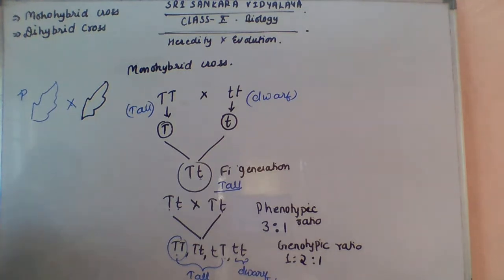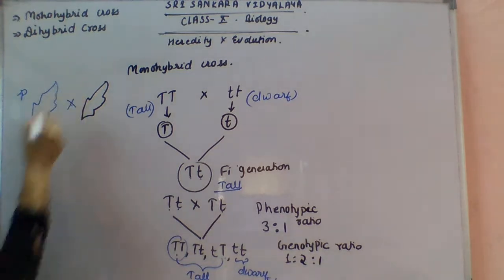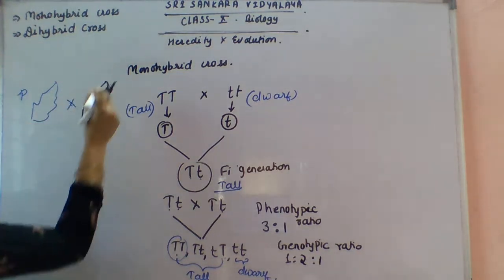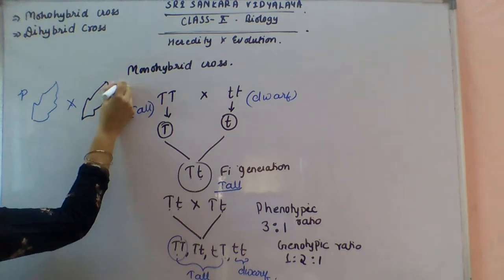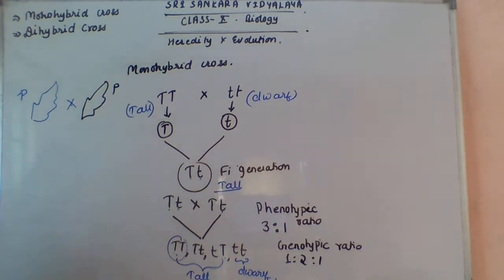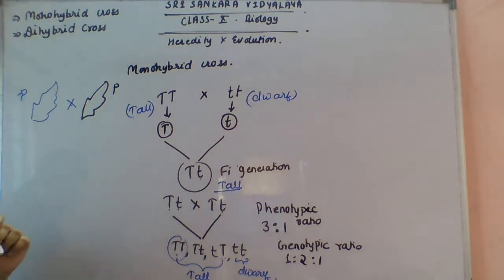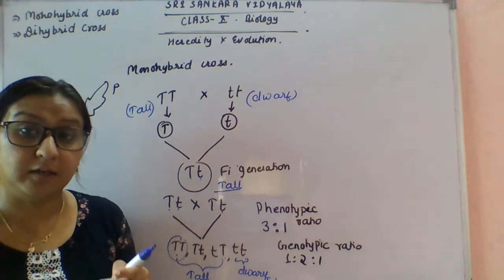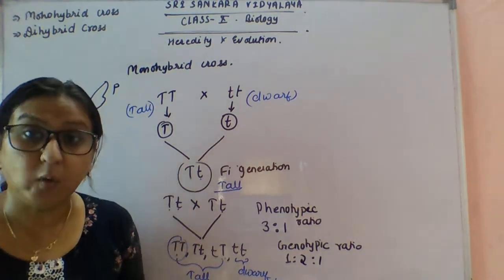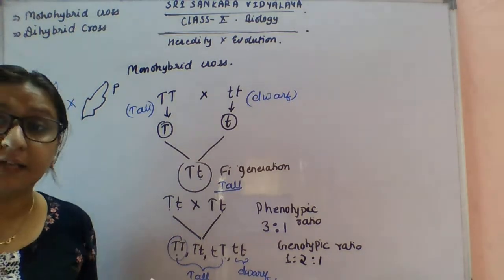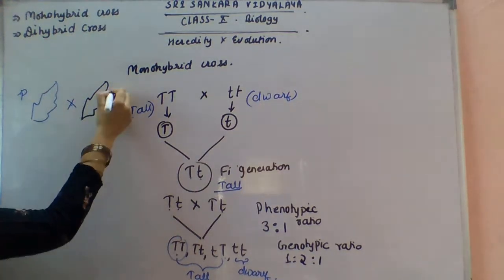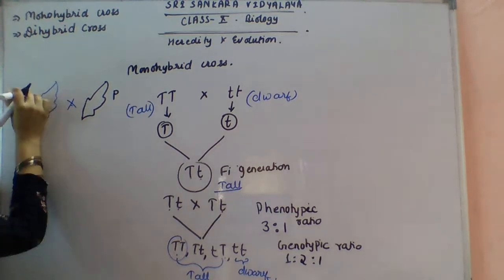The white flower will be designated as small p. In the list of dominant and recessive characters, I explained which color is dominant. Purple or violet color is dominant over the white color flower. So white is recessive, small p, and purple is dominant, capital P.